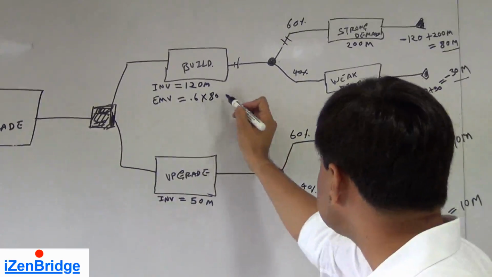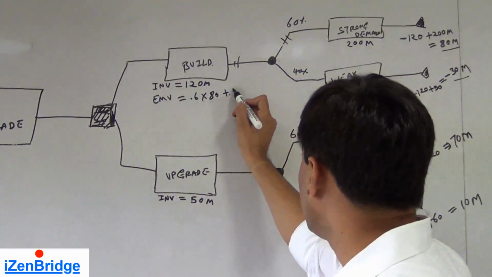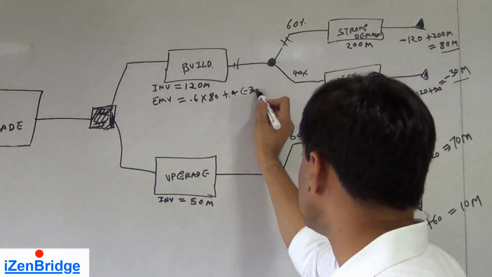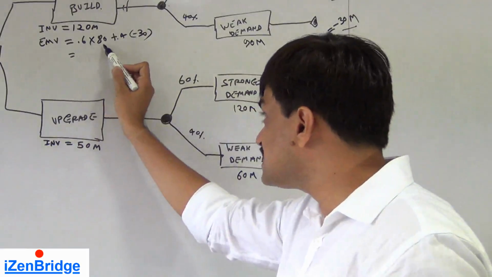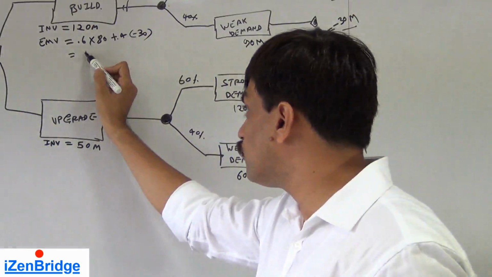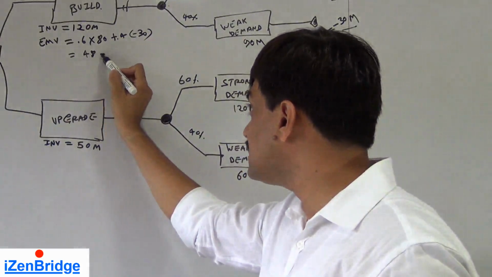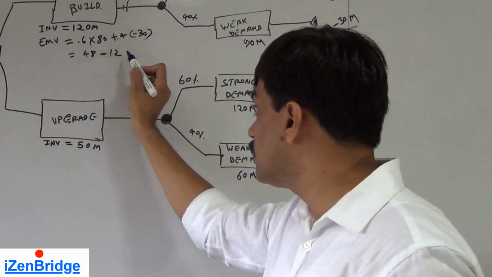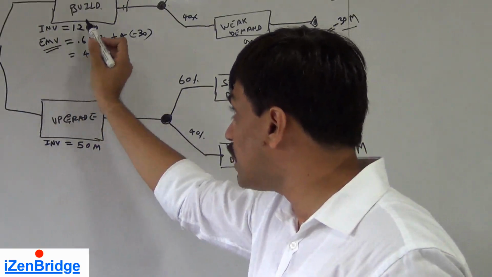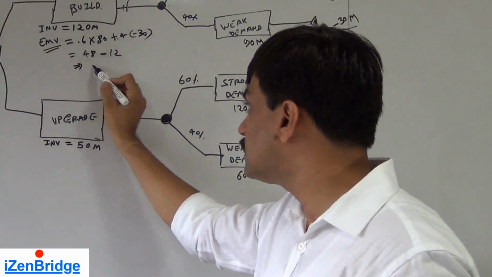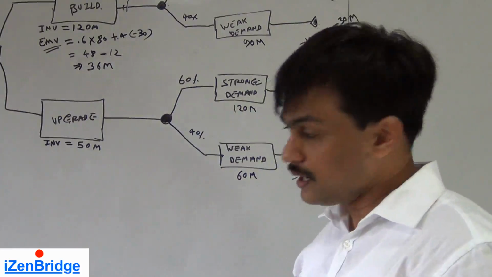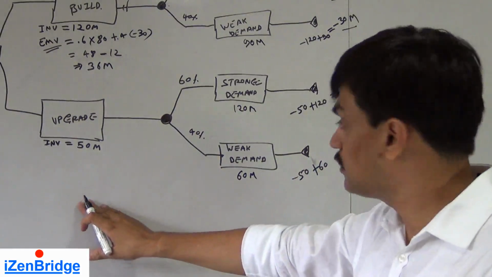We have a 40% chance of losing 30 million, minus 30. If you multiply 0.6 with 80, we get 48, minus 0.4 multiplied by 30, we get 12. So the expected monetary value at this decision is 36 million.